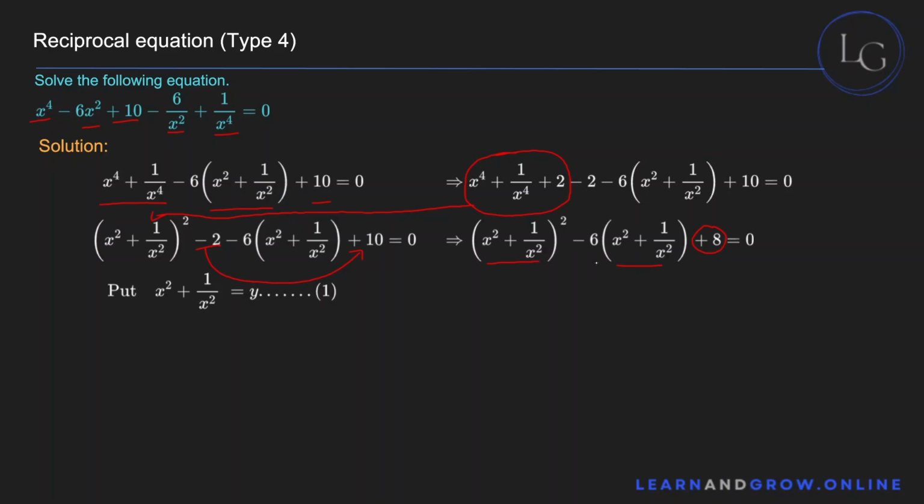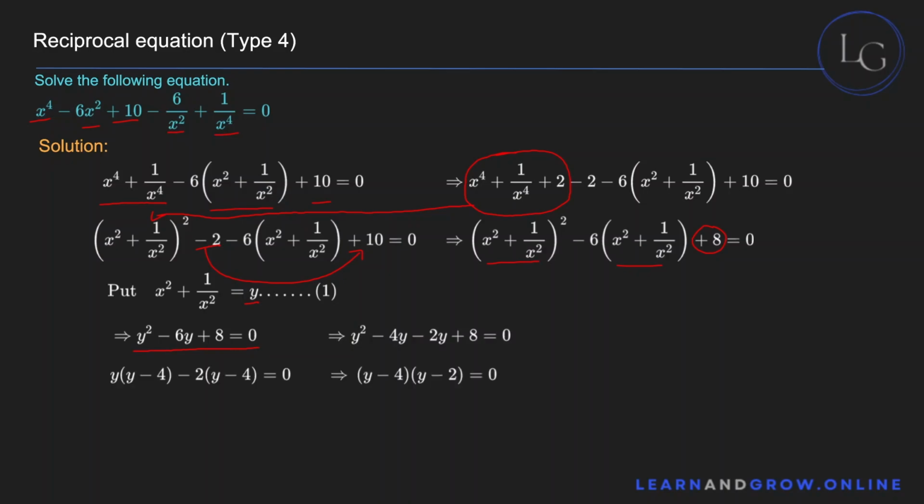So x square plus 1 over x square we can assume it to be equal to y. And when you plug in y in place of x square plus 1 over x square, you get a quadratic equation in y. So by factorization, we've already learned how to do that before, you get these two terms. So either y minus 4 is equal to 0 or y minus 2 is equal to 0, and upon solving this you get y is equal to 4 and y is equal to 2.